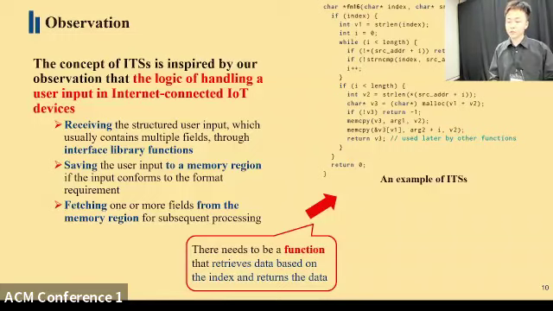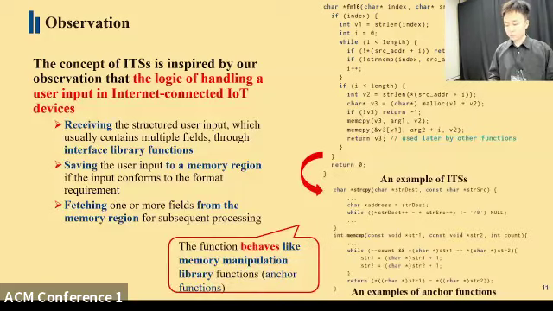Finally, if the user input data needs to be processed, one or more fields are fetched from memory for subsequent processing. It is worth noting that retrieving the user input data from memory often involves the implementation of a custom function. This function retrieves data based on the index and returns it for use by other functions. Therefore, it can be used as an intermediate source.